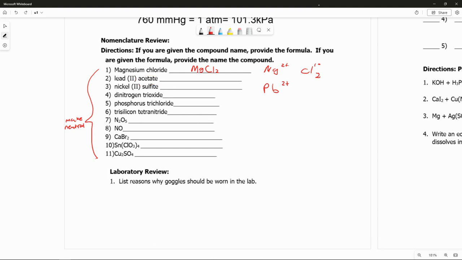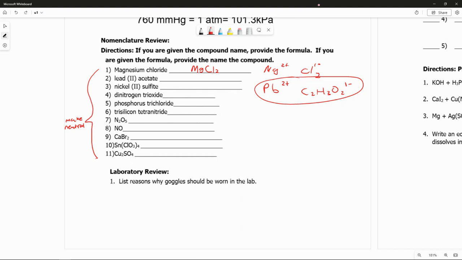Acetate is going to be C2H3O2, and it holds a 1 minus charge. In order to cancel the charge on the whole compound and make it neutral, we want to make sure that we have two of these, so make sure to put parentheses. This whole thing, C2H3O2, is the whole acetate ion, so we need two of these.